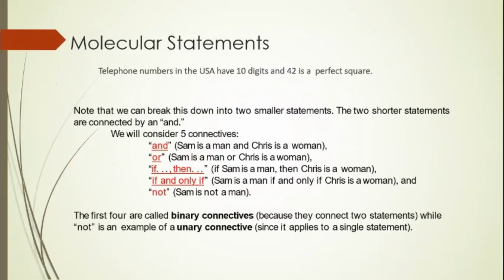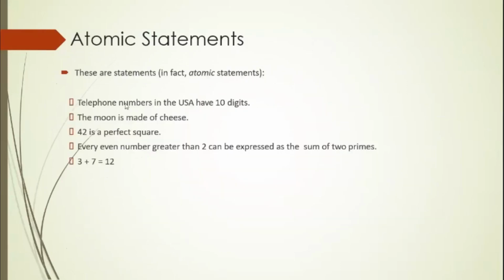Now, I've mentioned that if we want to make a molecular statement, we combine atomic statements. So how do we combine atomic statements? We have to use logical connectives. In here, as you can see, "telephone numbers in the USA have 10 digits" is one atomic statement.